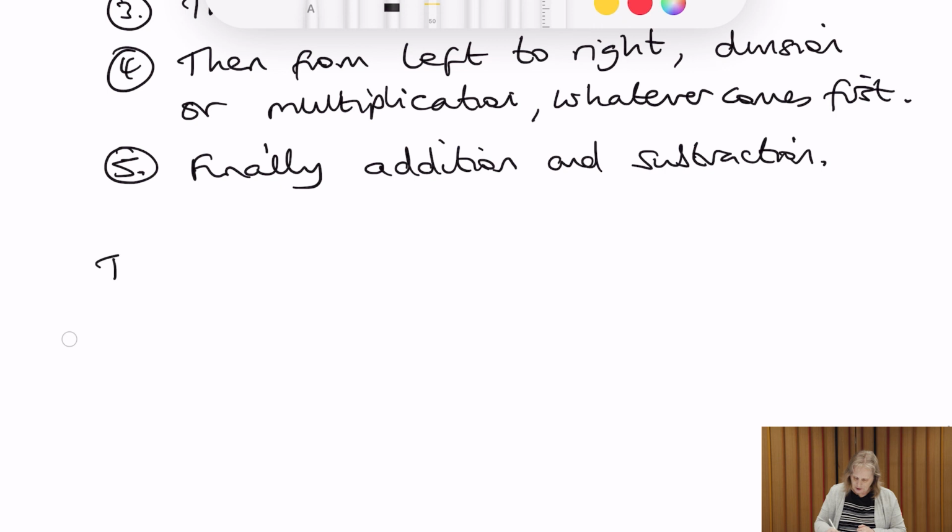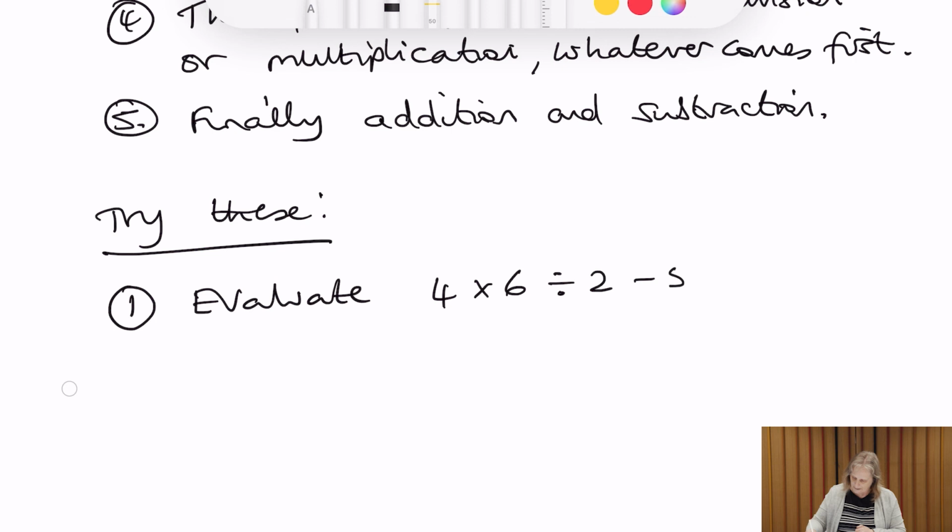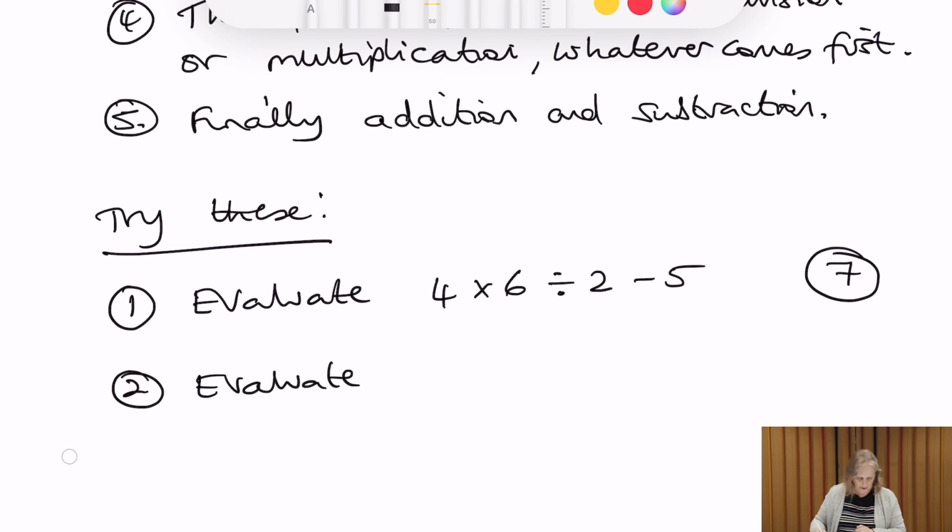Okay, and just to finish off, try these yourself, and then I'm just going to write the answers for you to check against too. So again, remember all the different ways that they can ask these questions to simplify, to evaluate, and so on. And then you should get this answer of 7 for that question, and then try this question as well with brackets and parentheses, so a little bit more going on here.